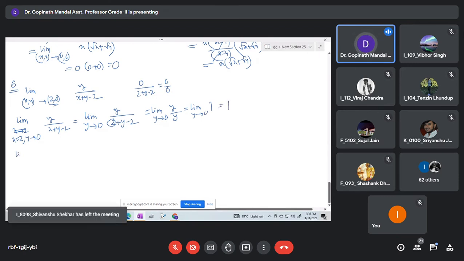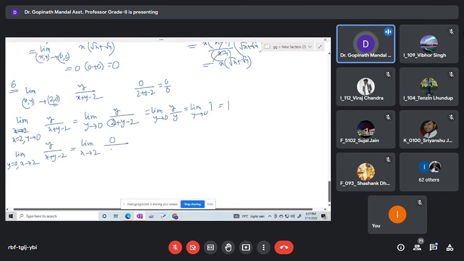In the second case, y equal to 0 and x tends to 2, x plus 0 minus 2, so this value is 0. In that case, that is f1 and it is f2, so f1 not equal to f2, so the limit does not exist.